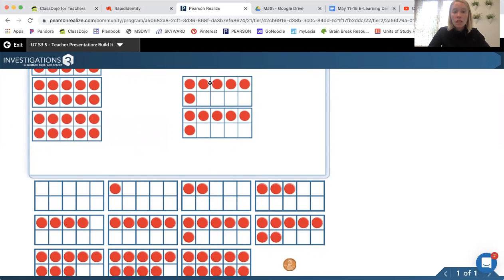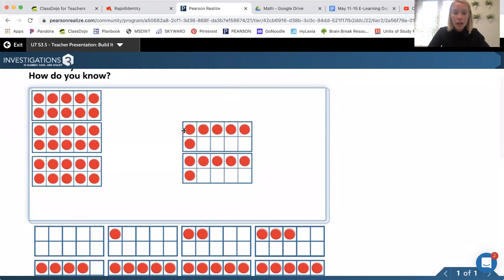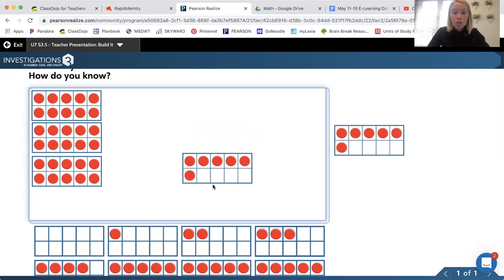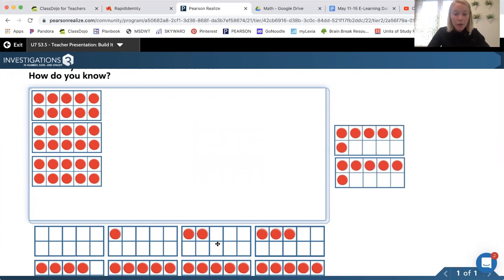I used these 5 and these 5. So now I know that I have this one and this one left, and that's 2. So I'm going to move these over here and bring that 2 up. So now I have the number 30, 10, 20, 30, and then 2. Okay, that's one way that you could do it.